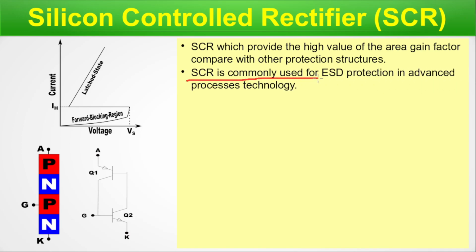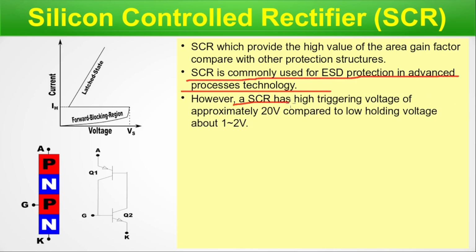SCR is commonly used for ESD protection in advanced process technology. However, an SCR has a triggering voltage of approximately 20 volt compared to a low holding voltage like 1 to 2 volt. This is 1 to 2 volt and this is around 20 volt. So triggering happens at 20 volt and it snaps back, the voltage goes back to here at 1 to 2 volt, and high current flows. This is the beauty of SCR.